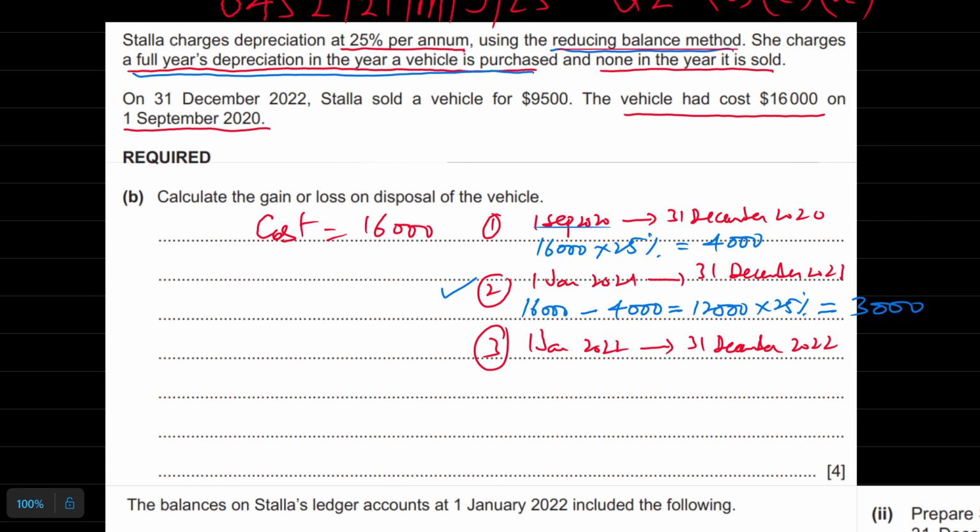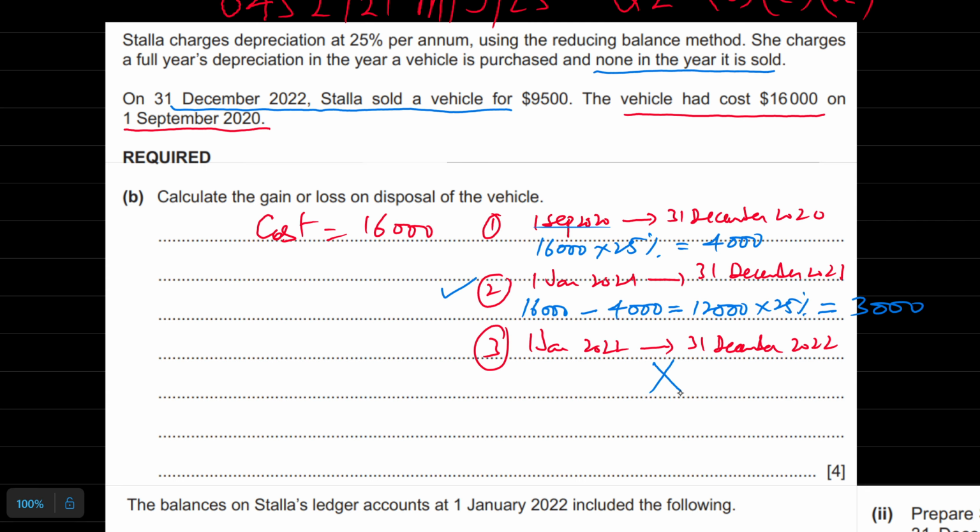Students, we also used this vehicle in year 2022, but because that was sold in 2022 and the policy is no depreciation will be charged in the year of sale, that's why we will not charge depreciation for third year.